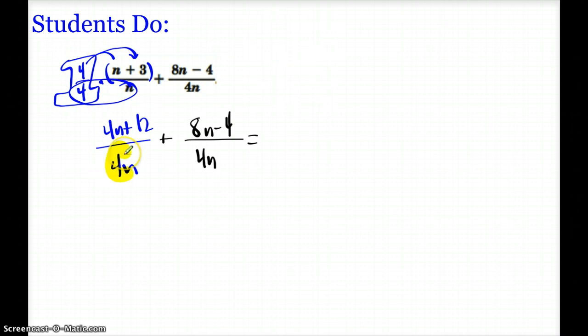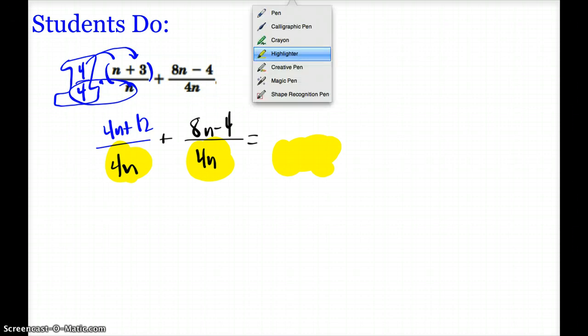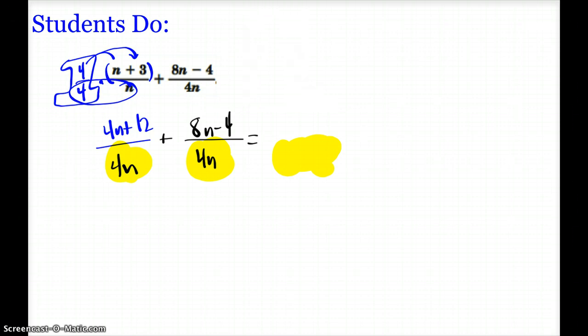Everything can stay the same on the denominators. The numerators, we're going to combine items that are the same. So 4n plus 8n is 12n. 12 plus negative 4 is 8, and our denominator is 4n.